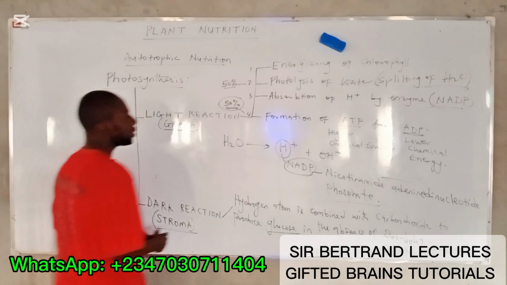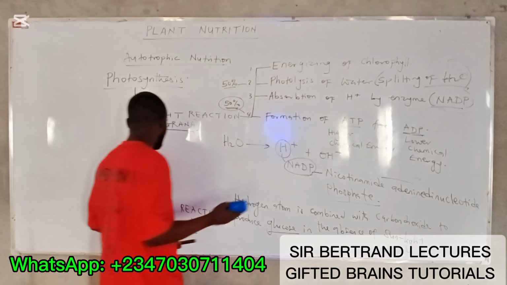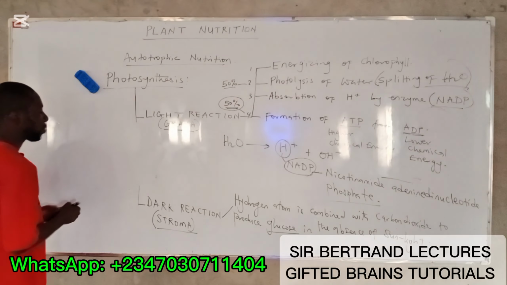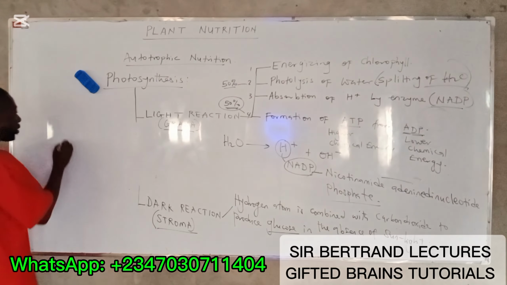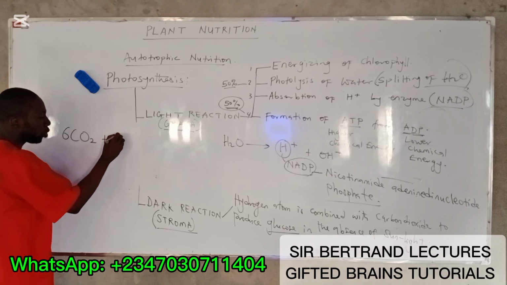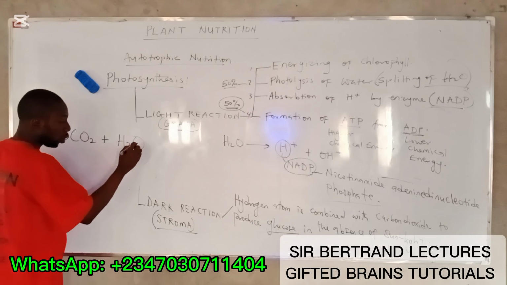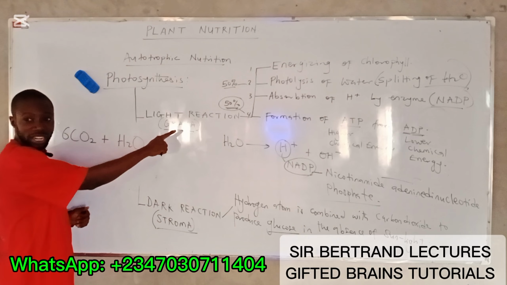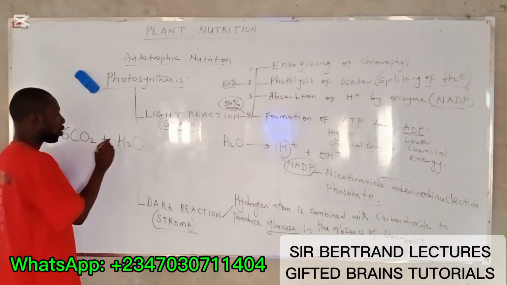All right? And I think I'm going to use this opportunity to remind you of the chemical equation of photosynthesis. Here are the 6 molecules of carbon dioxide, which are combined with what? With water, as we all know that it has two reactions, the light reaction and the dark reaction. All right?